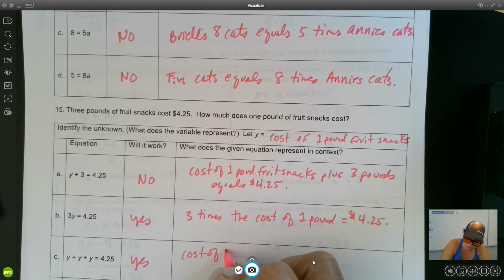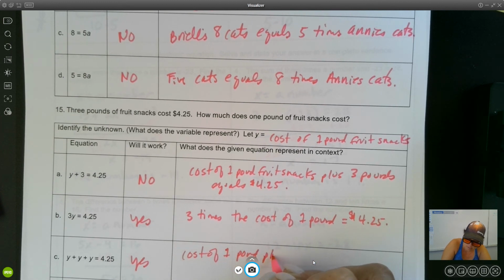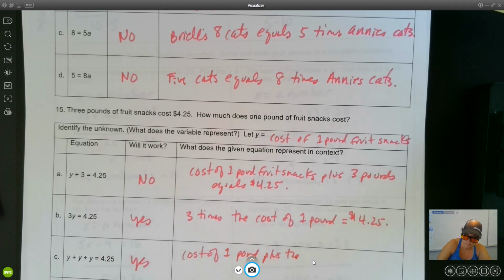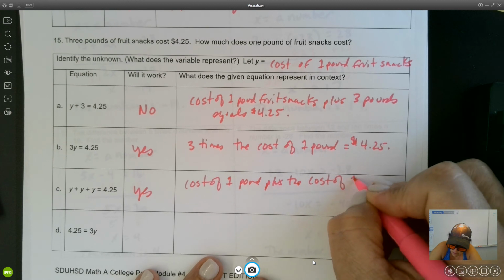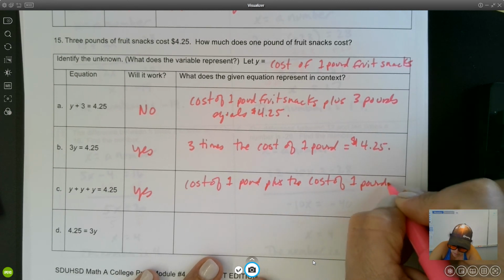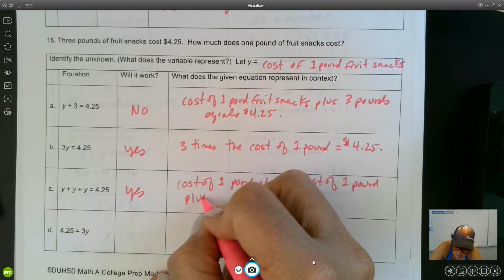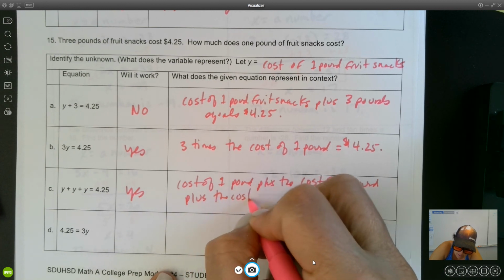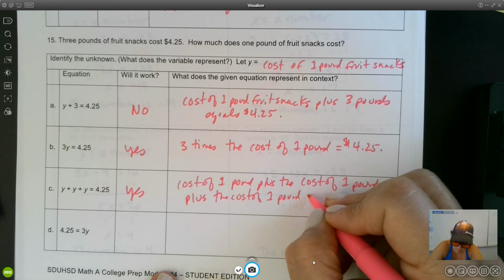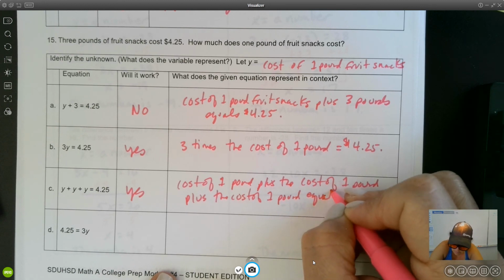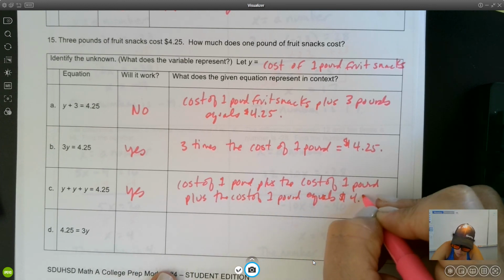Cost of 1 pound plus the cost of 1 pound plus the cost of 1 pound equals $4.25.